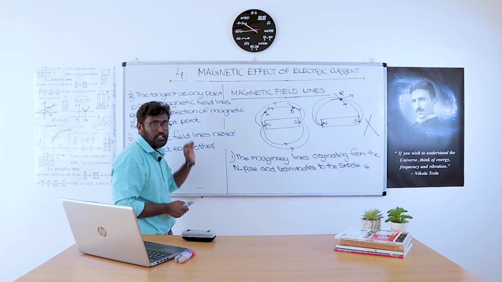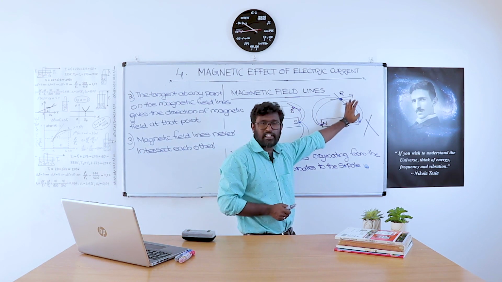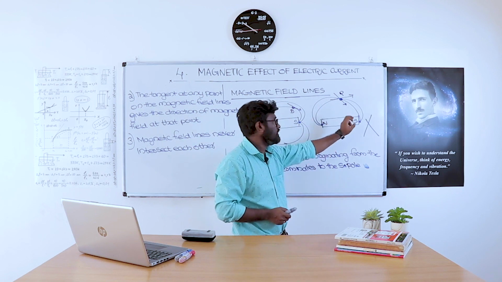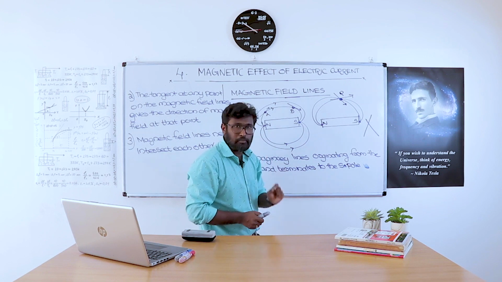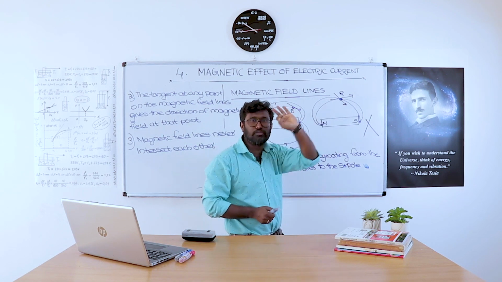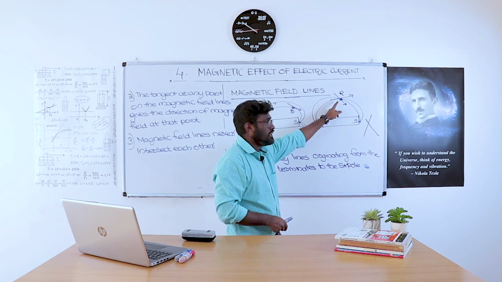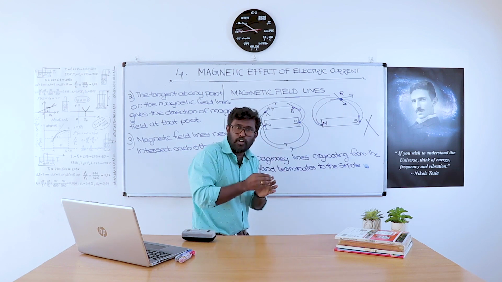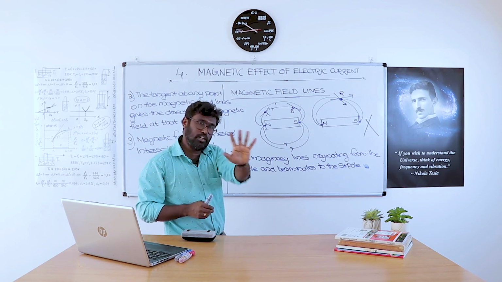Actually we know that the tangent at any point on the magnetic field line gives the direction of magnetic field at that point. Two tangents indicate two directions. In the same point, it is not possible to get two directions. In the same point, there will be only one direction.